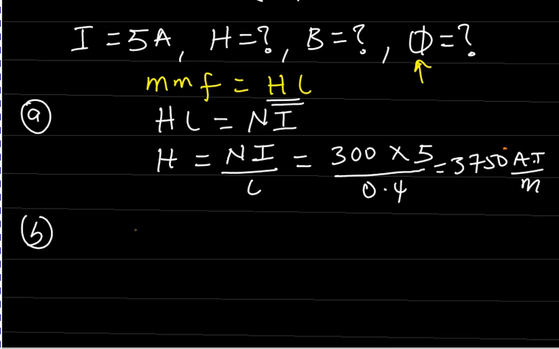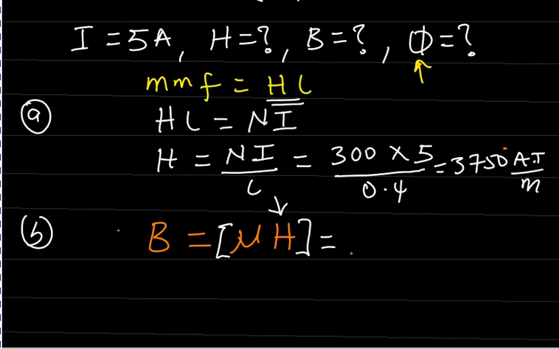If I don't give you the formula, just write it down somewhere. The relationship that exists between magnetic flux density and magnetizing force: magnetic flux density is equal to permeability of the medium, then multiply by the magnetizing force. So this is what you're going to use if you want to calculate magnetic flux density from the magnetizing force.